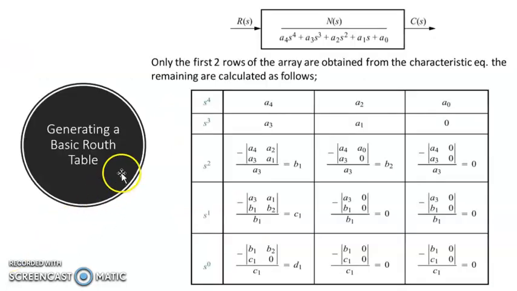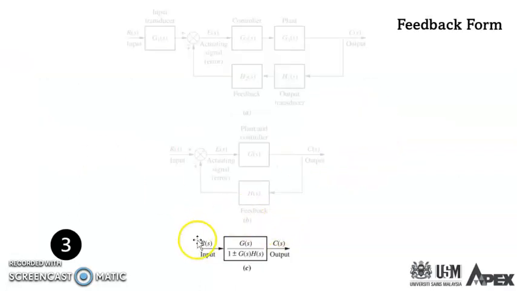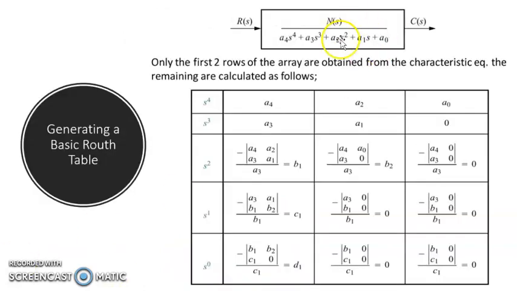So what is that? You have to understand how to generate a basic Routh table. Once you have this system, make sure you reduce it to a single block diagram, just like this one. You end up like this, and from there you have this transfer function.